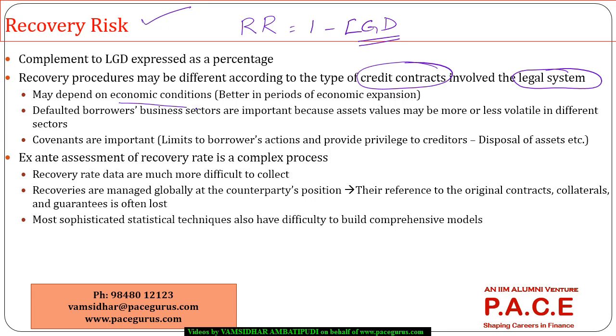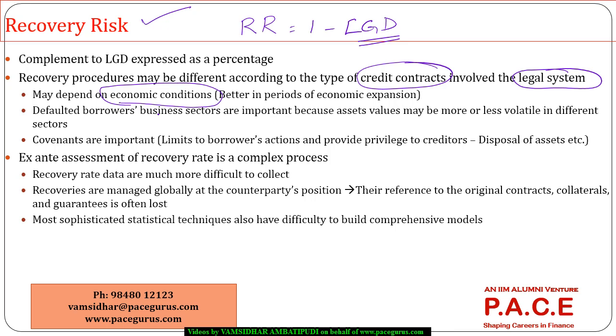In some cases, it is dependent on the economic conditions also, because when the economy is in a recessionary phase, the recovery percentages could be much lesser. People may not be able to pay during a recessionary phase. Even if the borrowers default, the recovery also could be very poor. But especially when the economy is doing well, the recoveries could be much better.